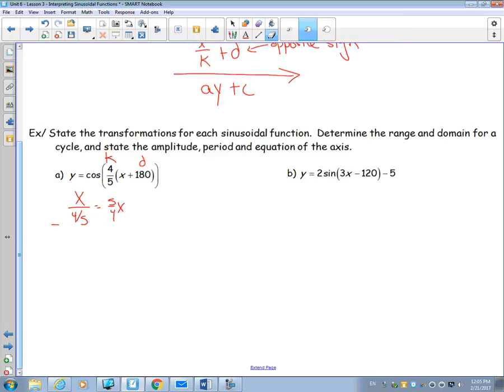So that is a horizontal stretch by a factor of 5/4. D says plus 180, comes out of the bracket, does the opposite, so we have to move it left 180. And we're also asked to figure out the range, domain, state the amplitude, period, and equation of the axis.